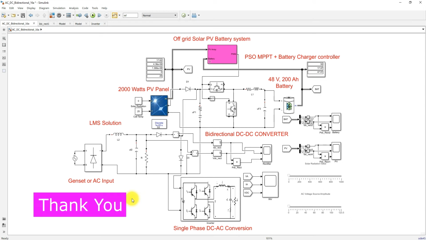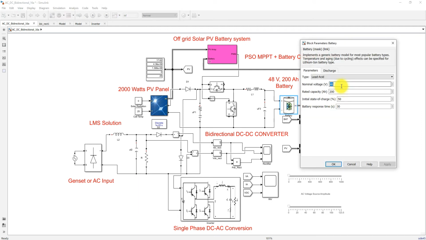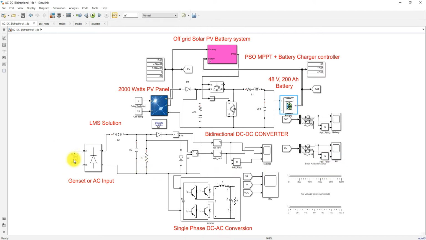And here you can see we are using a 48-volt battery. The rated capacity is 200 Ah. Here we are using AC input, which acts as a generator set and AC input.